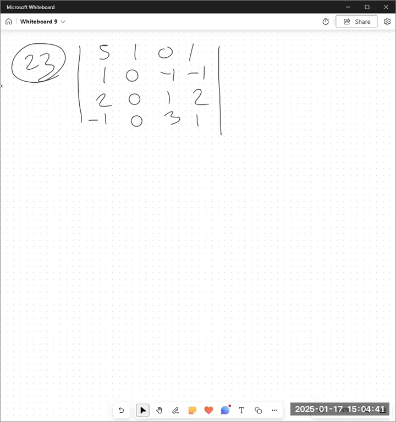Let me go ahead and use this 1 to get rid of this 2 before I get rid of the 1.